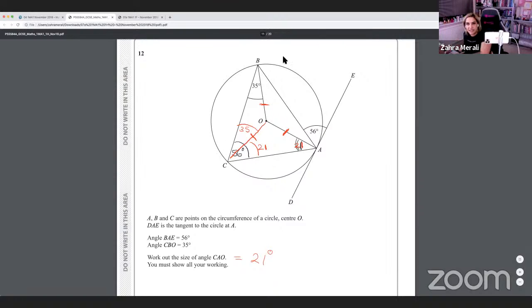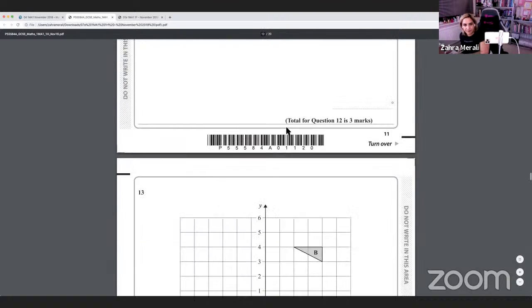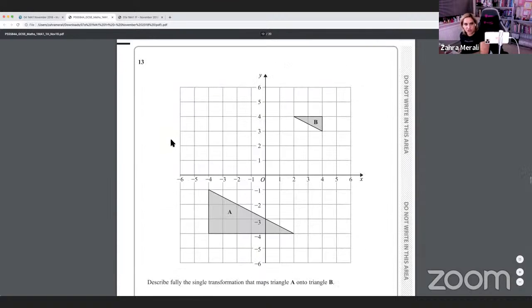Right, question 13. Let's have a look. Right, we want transformations. These are really easy. When we've got enlargements, there's a really easy way to do them. You take the points and you match them up. So what I'm going to do is I can see this is the corner, like your right angle corner.